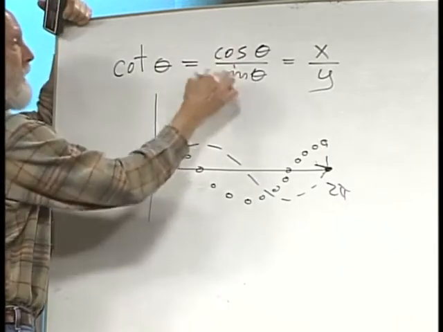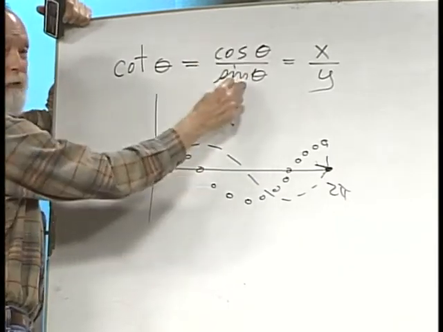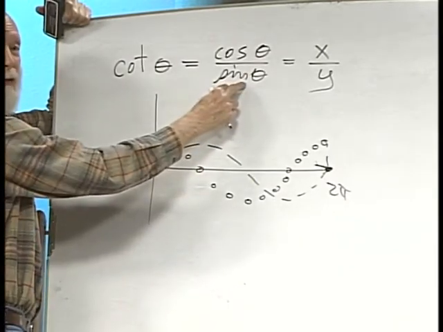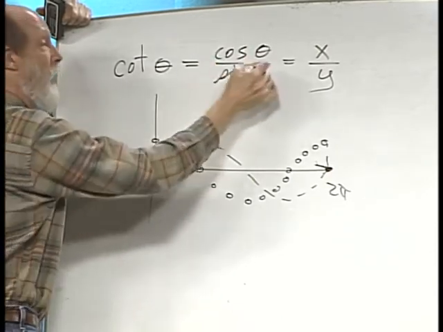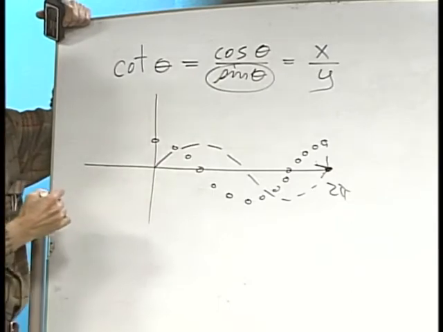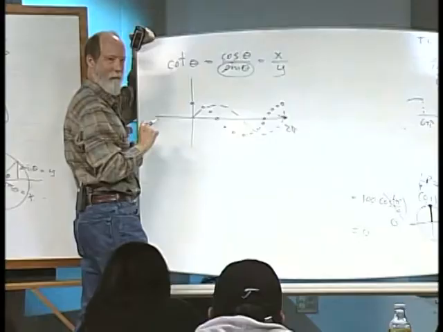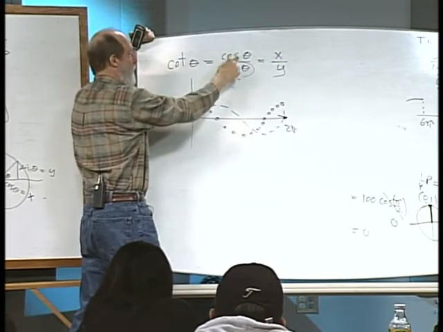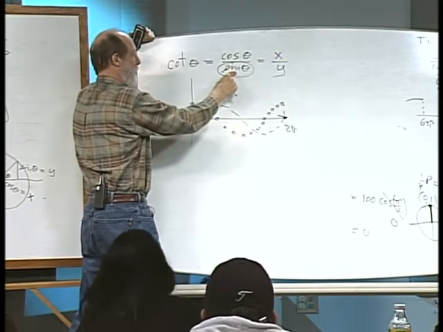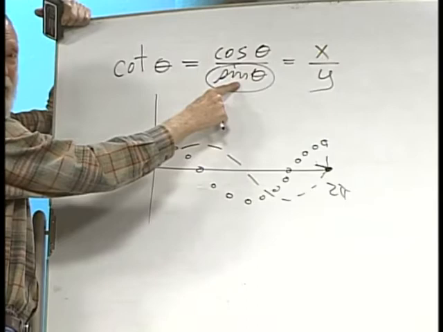What causes trouble in a fractional function? Where do you have trouble in the domain with a fractional function? When the denominator goes to 0 on you. This is something you can remember that's helpful. You have trouble with a fractional function if the denominator takes on a 0 value, because you're dividing by 0.